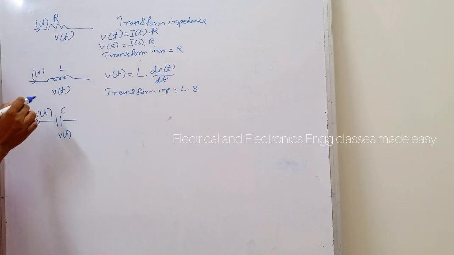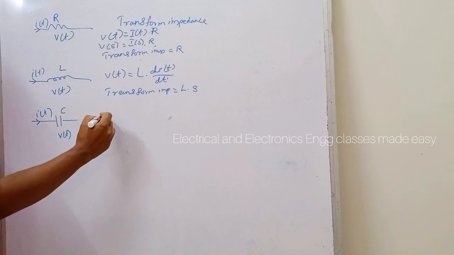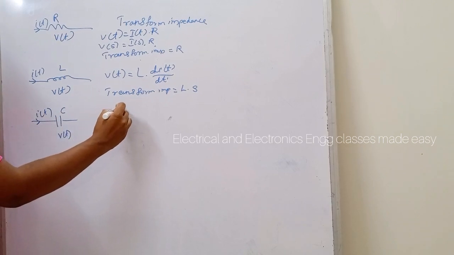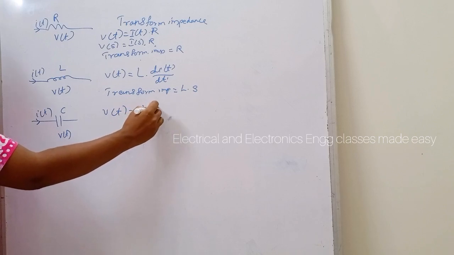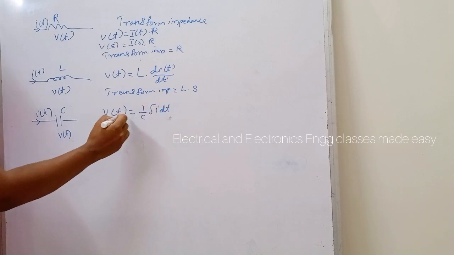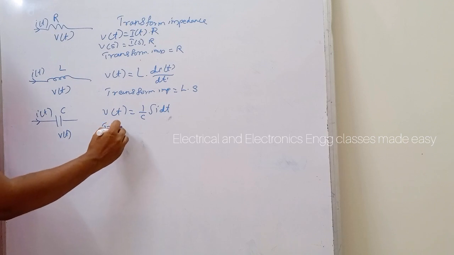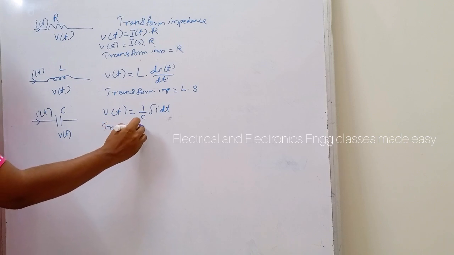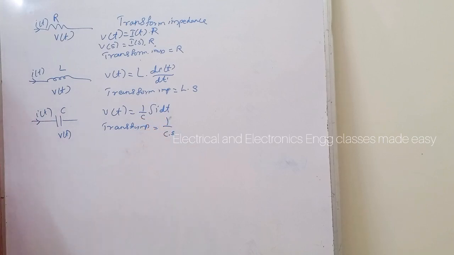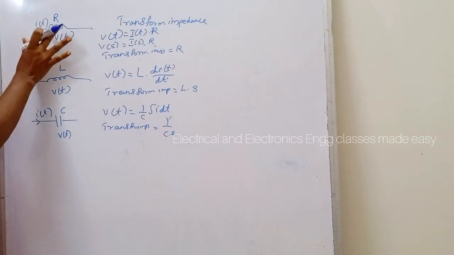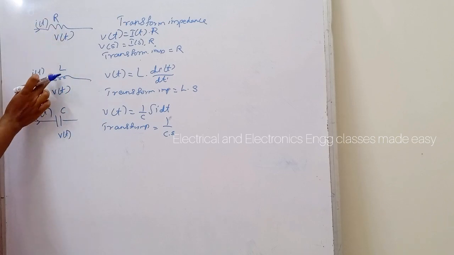And in the case of a capacitor, we have v of t equal to 1 by C into the integral of i dt. So here the transform impedance is equal to 1 by Cs. That is the case for resistor, inductor and capacitor.